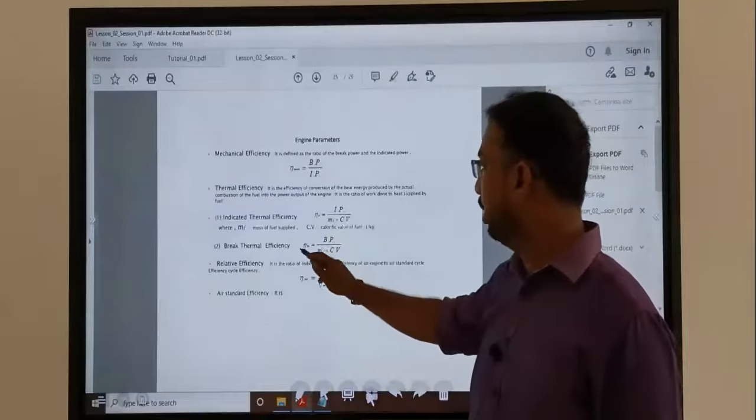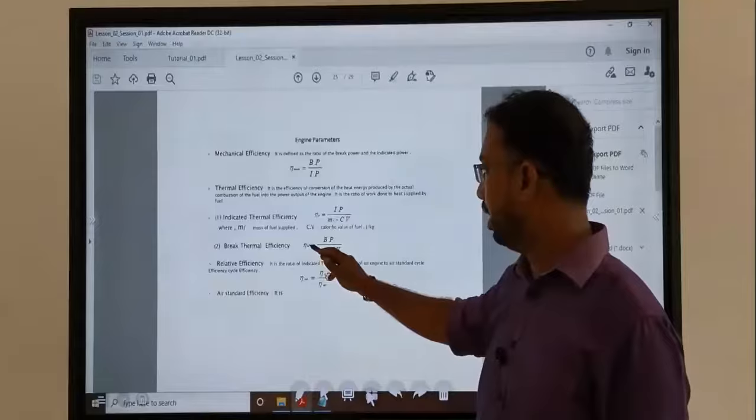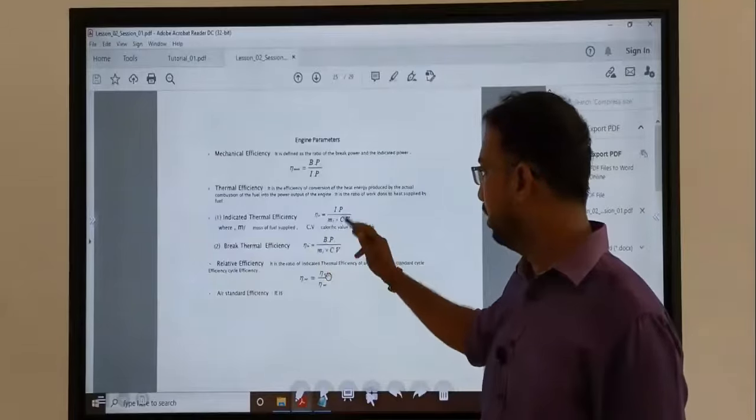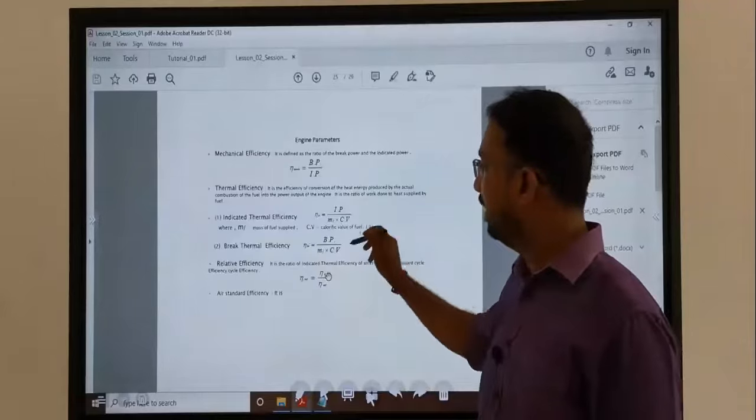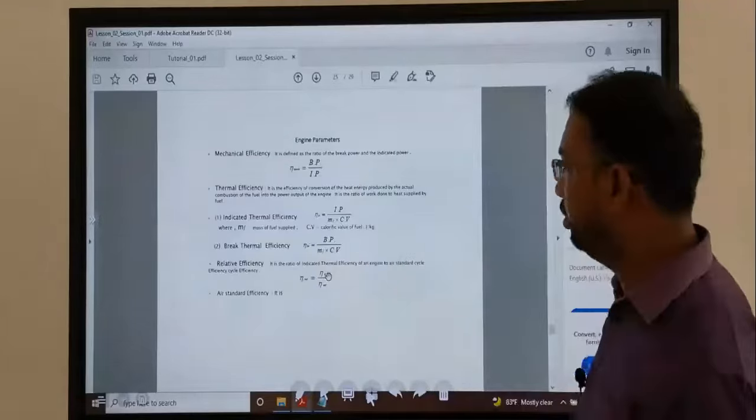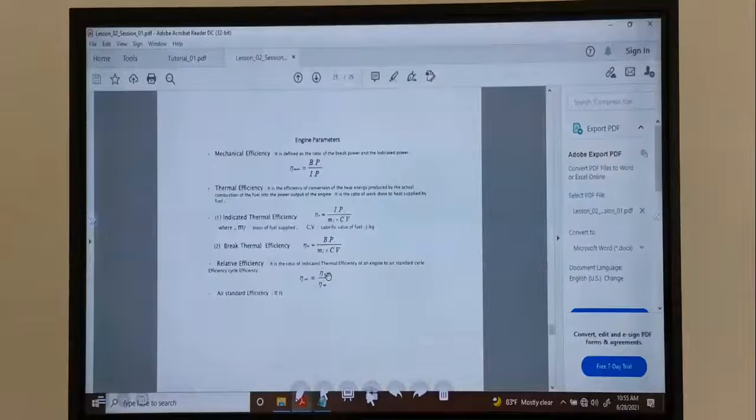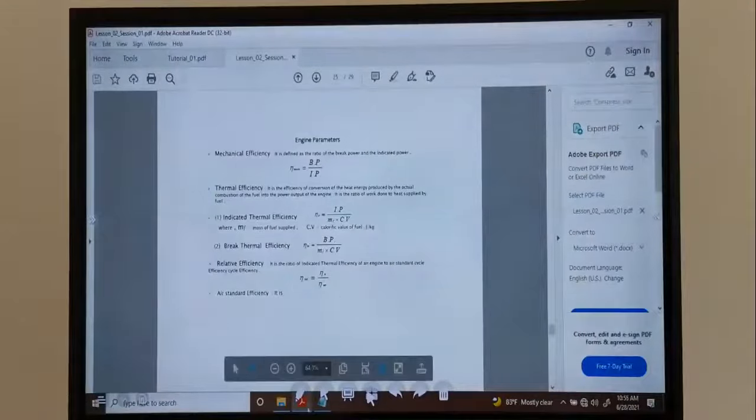The efficiency is given in the question, the brake power we already know, and the calorific value of the fuel we also know. So the mass of fuel consumed we can calculate.